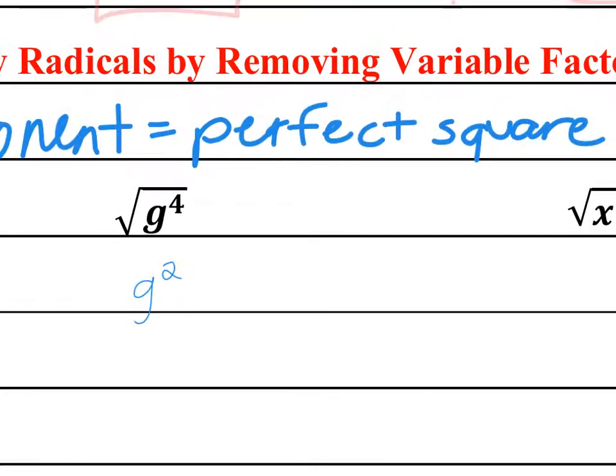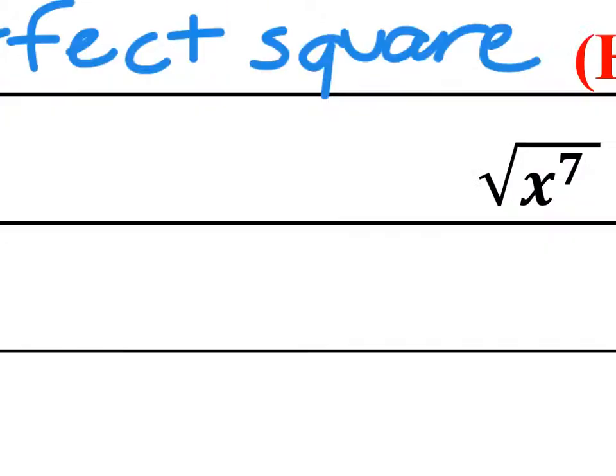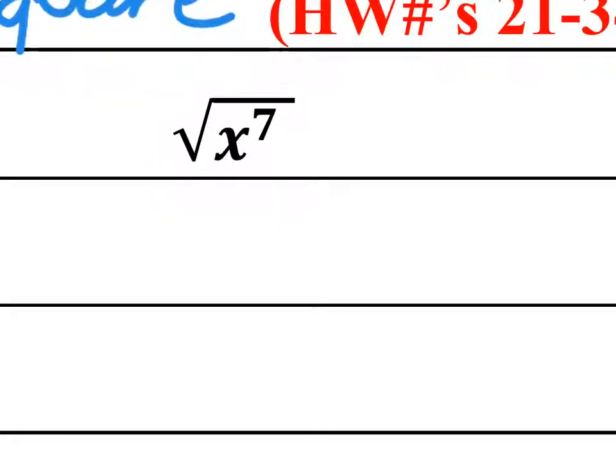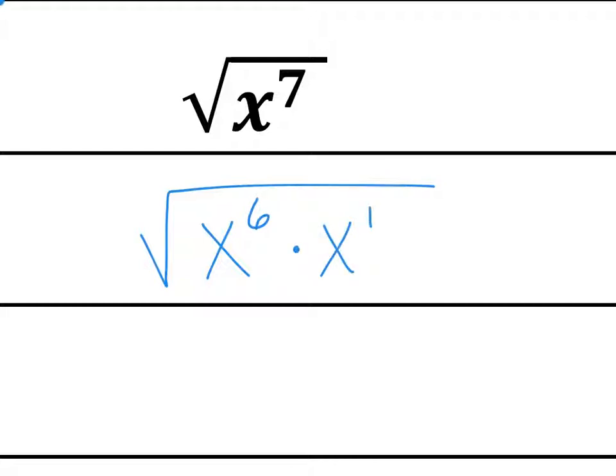Okay, but you can't take half if it's an odd number. You have to break it up. So the largest perfect square that divides it would be x to the sixth. So we want to split it up like this: x to the sixth times x to the first.